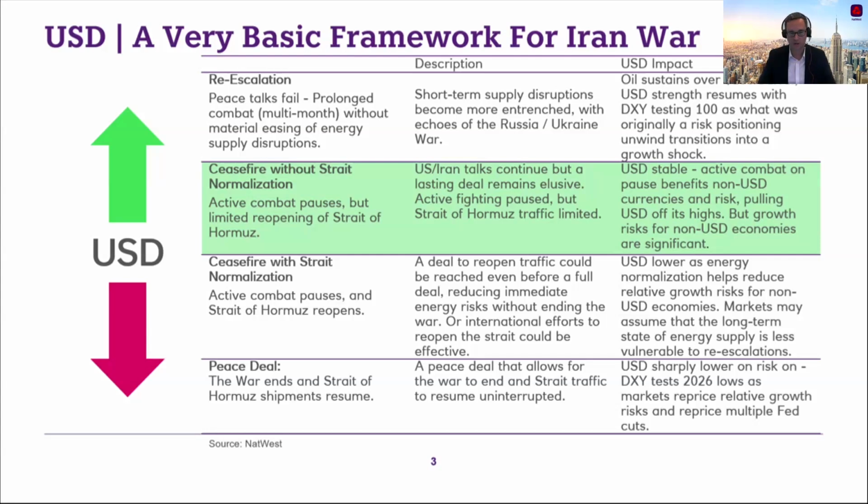And I think this is a US dollar stable situation that we found ourselves in, because we are through the worst of the active combat. At least that's the way the market appears to be pricing at the moment, which I think has seen the dollar come off of its highs. But to that same extent, we have not yet seen that normalization in energy supplies. And so the risks to non-dollar economies, especially the risk to economies from lost oil supplies, are still very real.